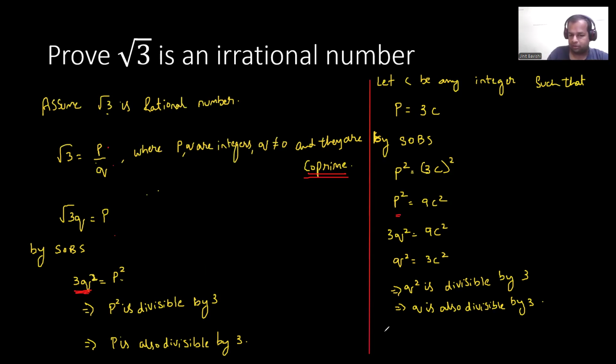Now this is where we have to put our conclusion. As both P and Q are divisible by 3, it contradicts our assumption.